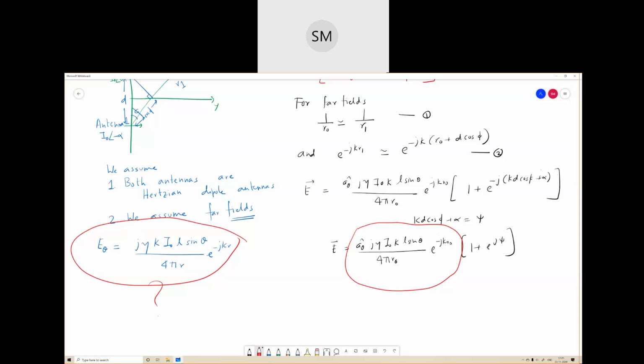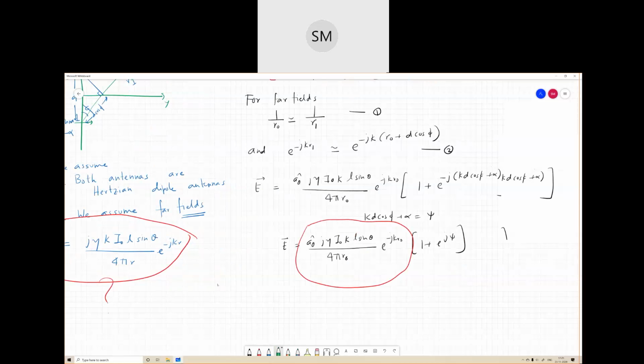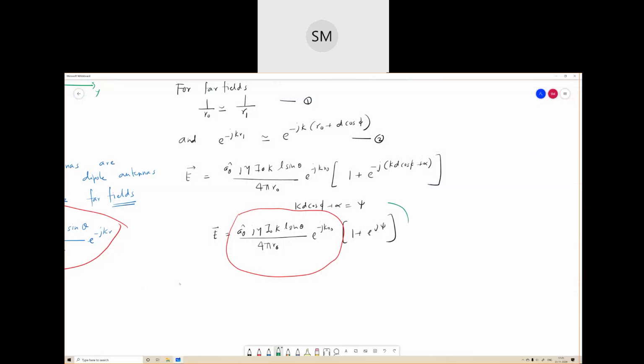Now, what is the green thing? What is the green circle thing?